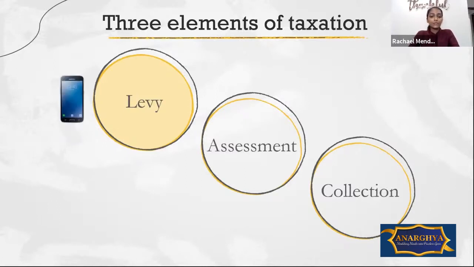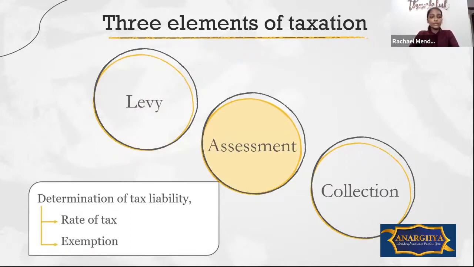Another example could be a mobile phone. A mobile phone is chargeable to tax under GST. Therefore, you can move on to the second element, that is assessment. Assessment refers to determining the tax liability. And in doing so, you need to first determine the rate of tax that is applicable to the product or service.